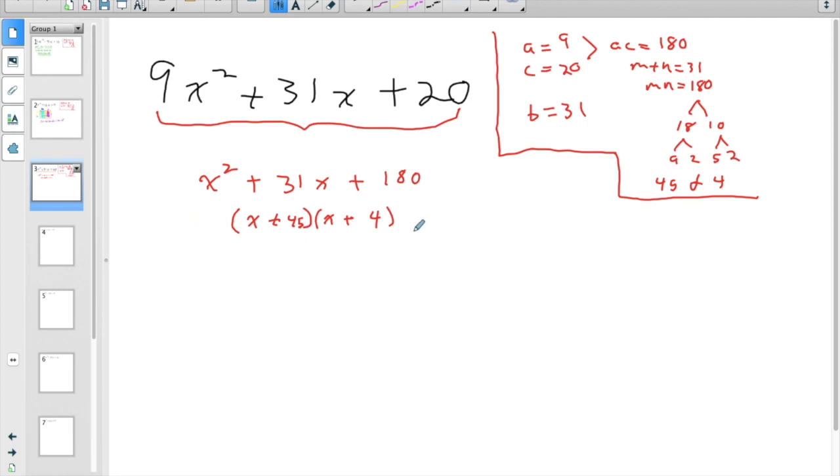These are our intermediary steps. These are the basis of what we're going to be doing now. So we have x plus 45, and we're going to divide that 45 by 9. And that is, of course, going to give us x plus 5. So this is one of my two factors.